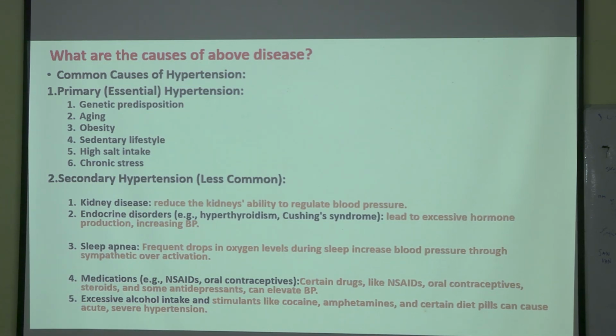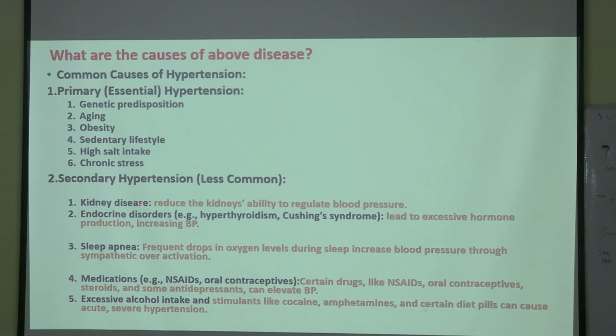Other than this, there are some other factors that are also causative factors for hypertension, mainly for secondary hypertension. So what are those? Like renal abnormality, endocrine disorders, sleep apnea, some medications and consumption of alcohol.